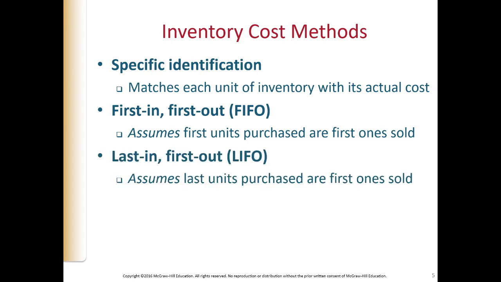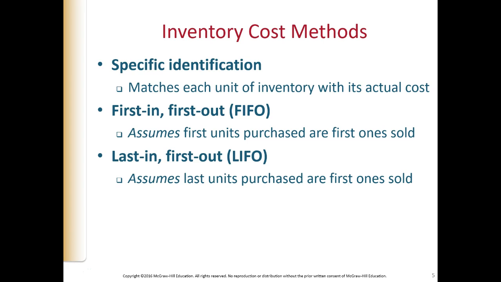Well, that's because we have another method we can use, if you want to, called last in, first out. This method assumes the last inventory units that you purchased were the first ones that you sold. We're going to see the numbers in a minute why this makes a difference, but you have your choice.